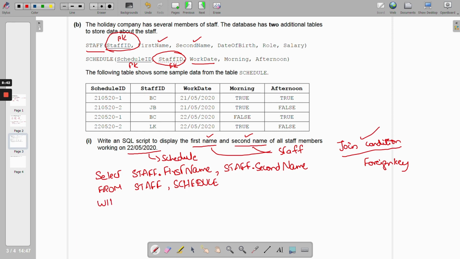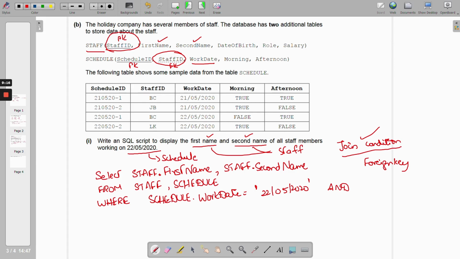So where work date. So the work date belongs to the schedule table. So we write schedule dot work date is equal to, the date is given as 22/05/2020. Please do not forget to write the date in single quotes, and along with this condition we need to write the join condition.